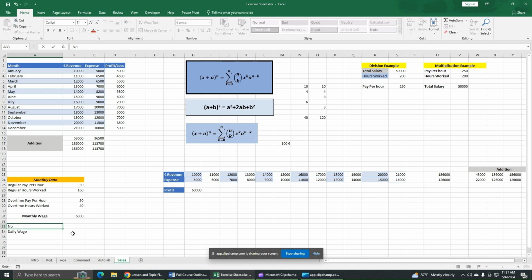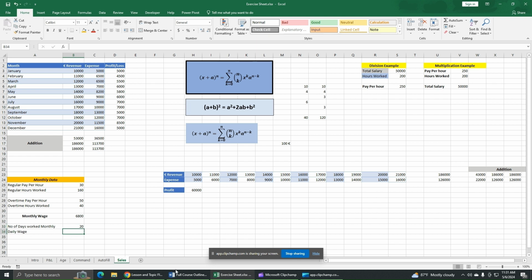So, number of days worked monthly. He worked 5 days in a week and 4 weeks in a month. So 5 into 4 is equal to 20 days. To make it simple, I think we should take 20 days. He worked 20 days in that particular month.